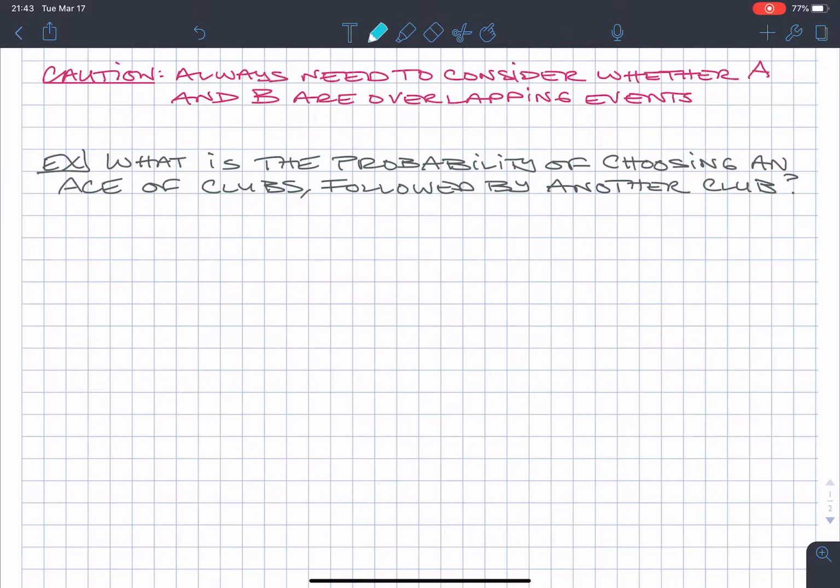Okay, so let's let event A be picking the ace of clubs, or picking an ace, or the ace of clubs, since there's only one. And we'll let B be the probability of picking any other club.